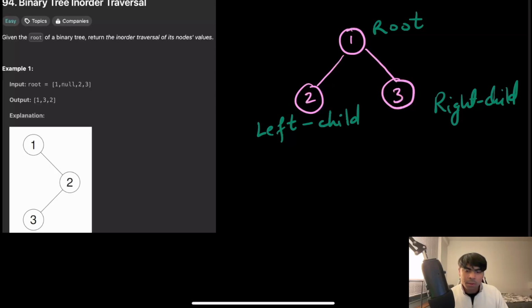Traversal means we want to visit all the nodes in our binary tree. In in order traversal, the way we visit our nodes is first we process the left child or left node, or you can say left subtree, and then we process our root, and then we process our right subtree or right child.